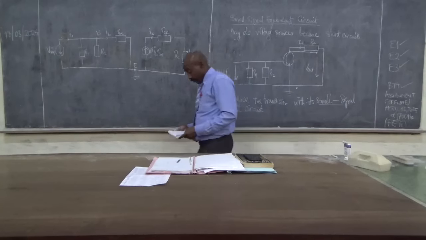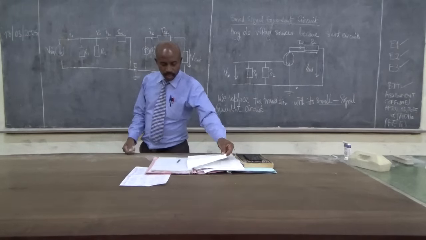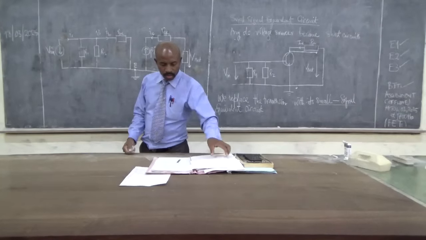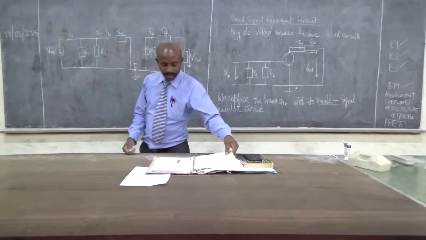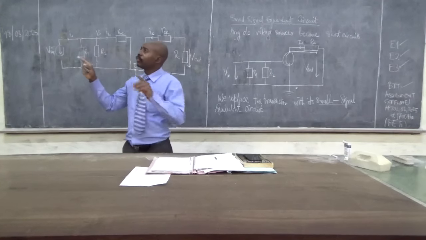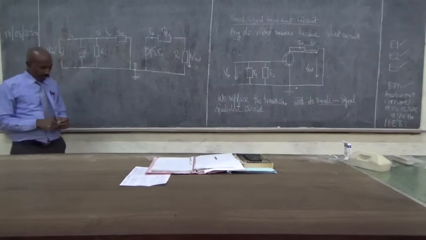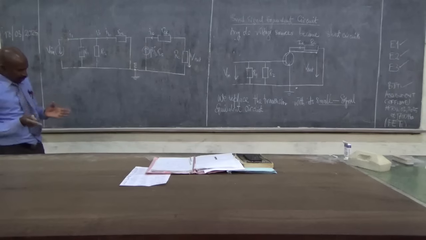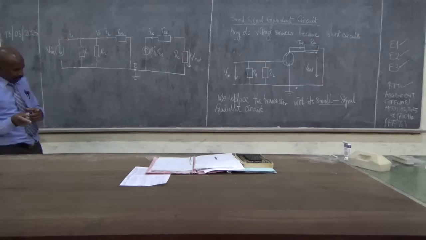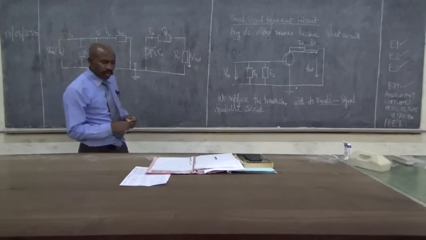And we got this from the relationship of the IC in terms of IB and VB, IB as a function of IC and VCE, and VBE as a function of IC and VCE.